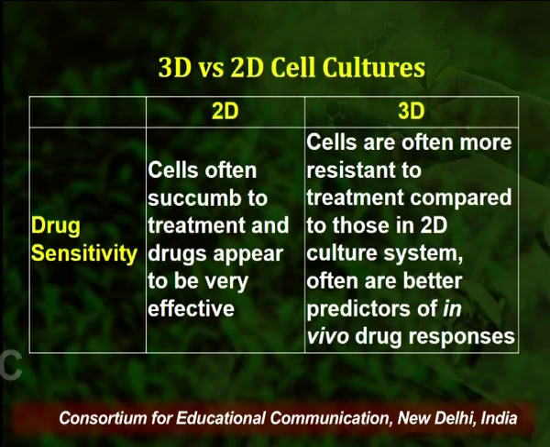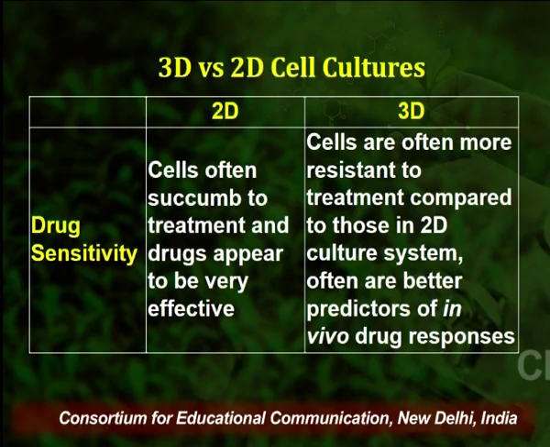In terms of drug sensitivity, cells are more vulnerable towards the treatment, and drugs appear to be very effective in case of 2-dimensional cell cultures, whereas in 3-dimensional cell cultures, cells are more often resistant to the treatment in comparison to 2-dimensional systems, because again we have different types of cells present.